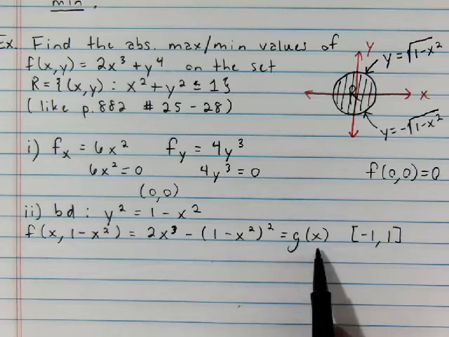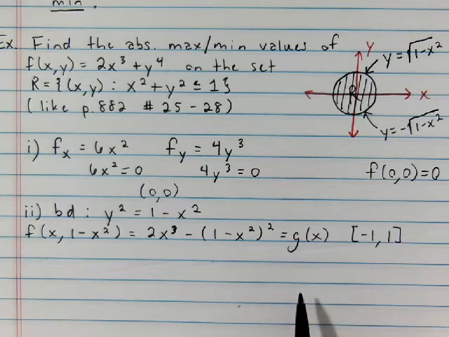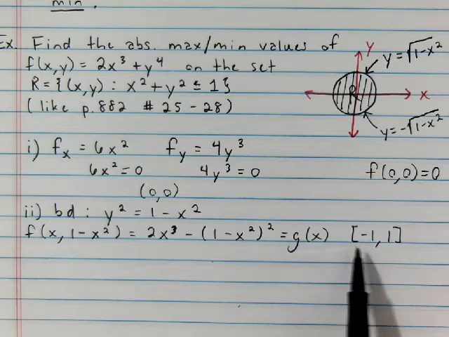So now we're going to take the derivative of g, set it equal to 0, solve for x, put in those critical points to see what we get, and we're also going to put in the endpoints to see what we get there as well.